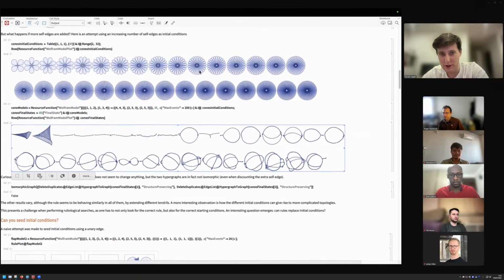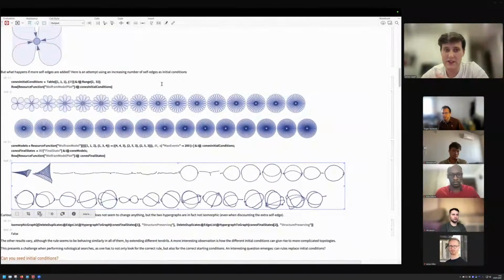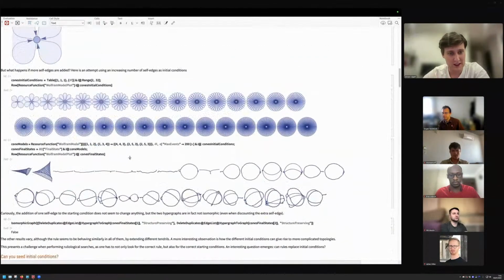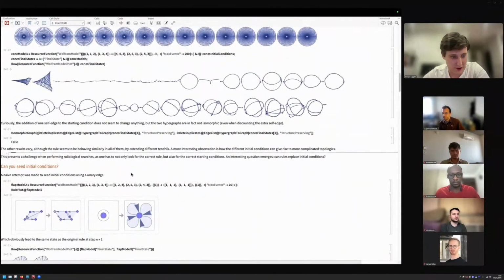But when the self edges increase a lot, it does very different things, which is a known behavior for this sort of system. Here I'm quoting Stephen's Code 10 post, where from different initial conditions you get very different behaviors.